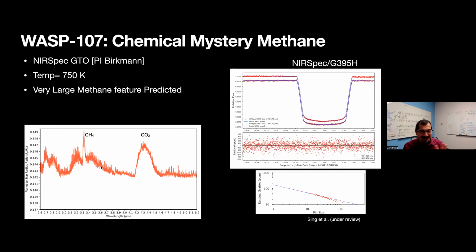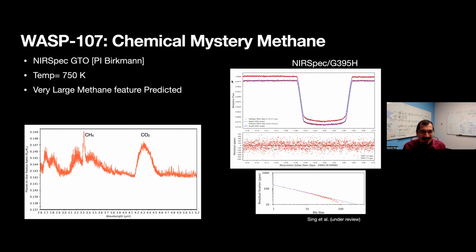The spectra should be absolutely dominated by CH4, and we should see a large CO2 feature as well. Here is the transit data for NRS1 and 2. It's absolutely glorious data, 100 ppm precision, which bins down to about 10 ppm or better. This is one of the best transmission spectra, so we could expect very good signal to noise.